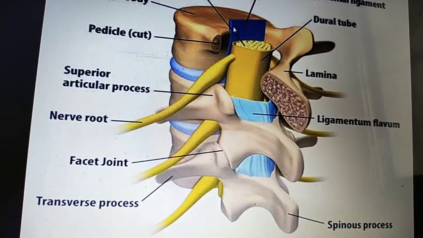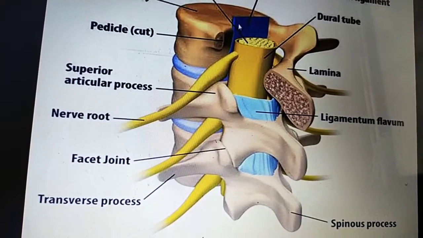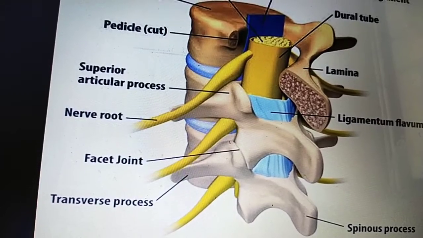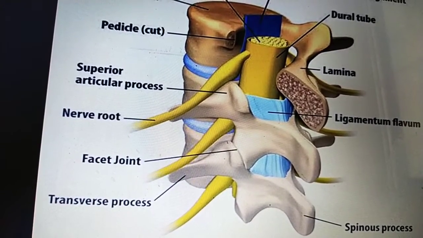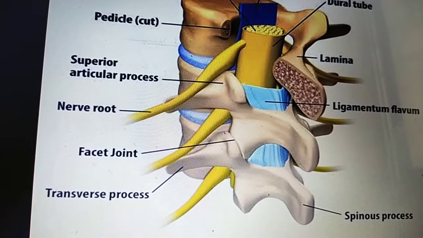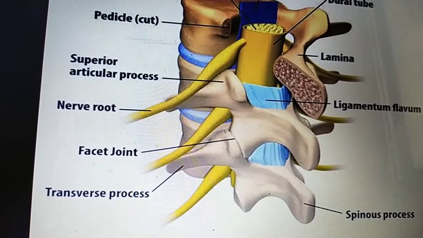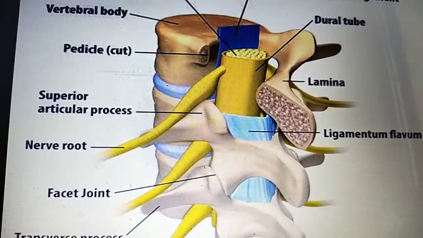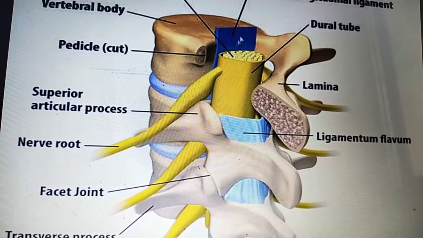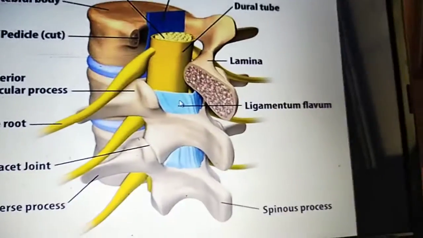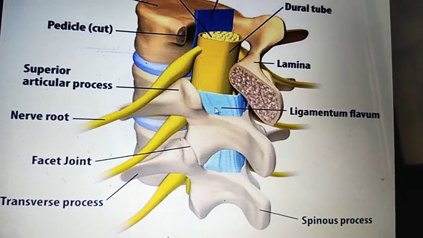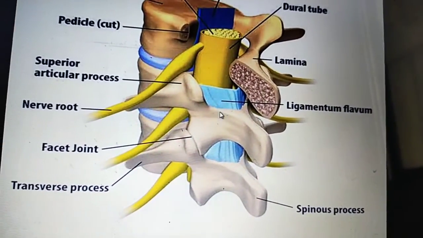Okay, the posterior is the vertebral body. Anteriorly there is one ligament. And you can see here near the body there is the posterior longitudinal ligament, and posteriorly towards the arches, in between the arches, you can see the ligamentum flavum.